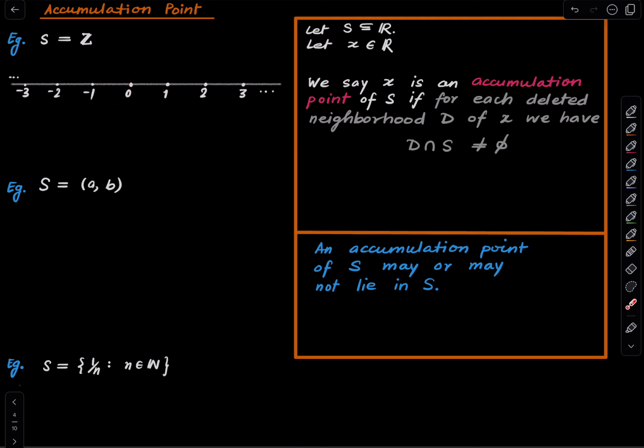So 0 is not an accumulation point. Similarly, none of these things are accumulation points. And similarly, no real number is an accumulation point of S. You pick any real number, it is left alone by S. The other points are far away. So the set of accumulation points of S is empty.